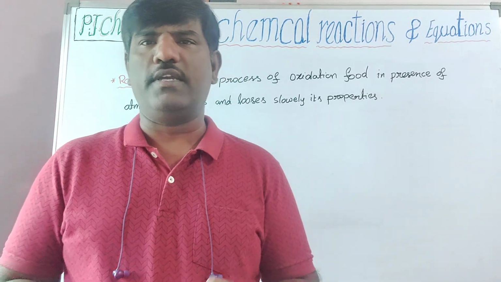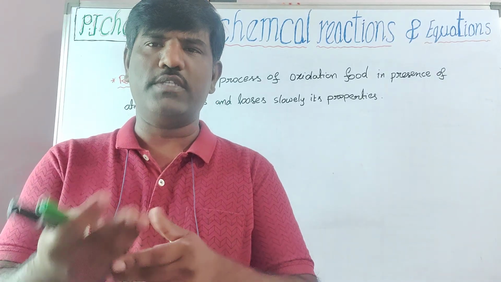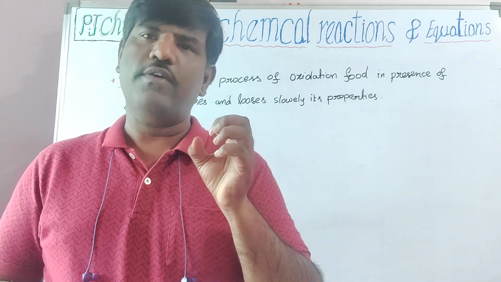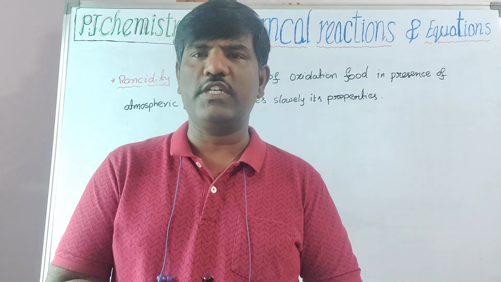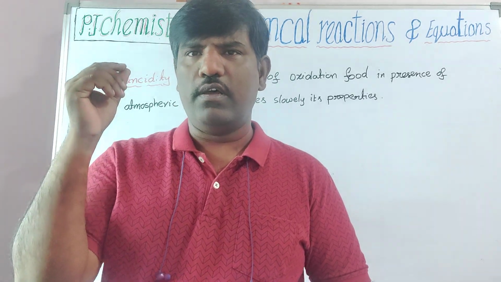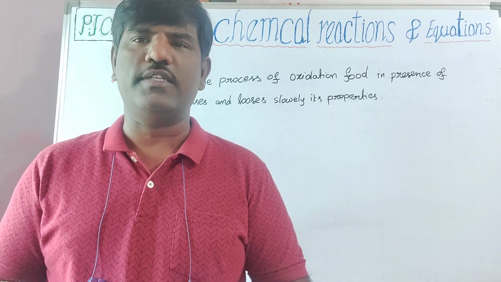What is rancidity? Corrosion means now we have clarity. Metals are going to get oxidation, that process we call corrosion. Now here food items also are going to get spoiled in presence of atmospheric gases. That we call rancidity.